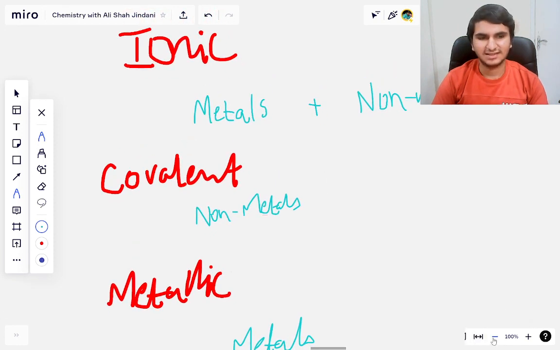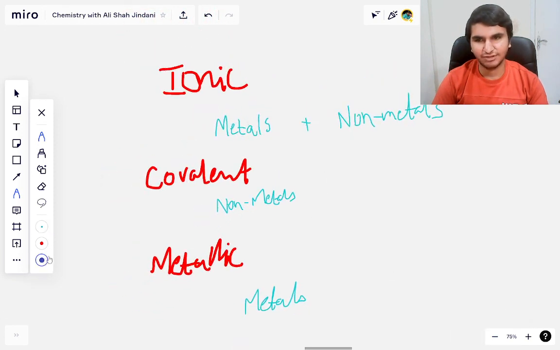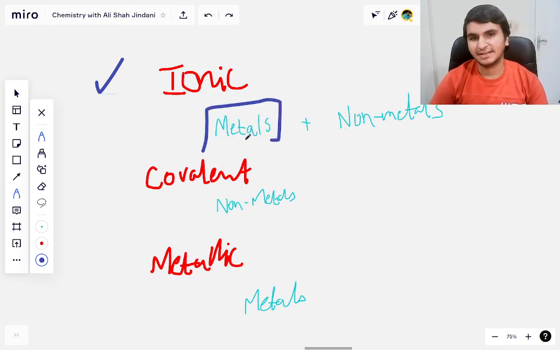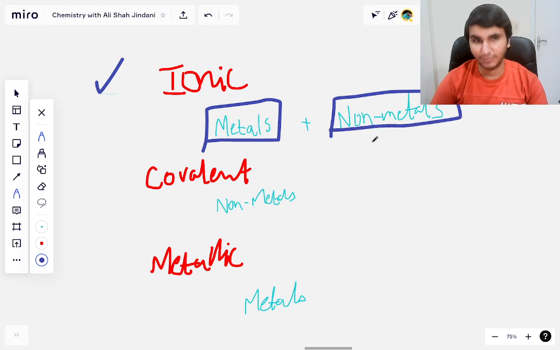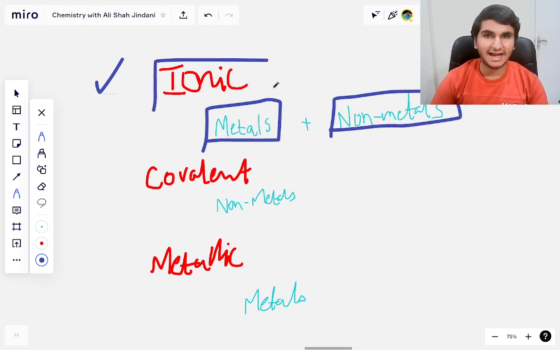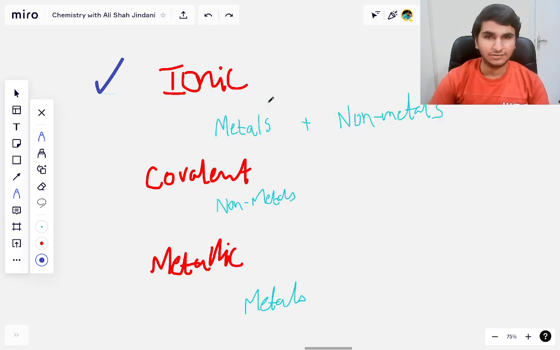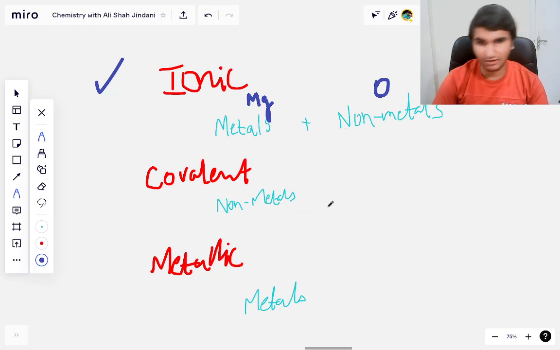So this is the very basic idea that you should have. If you have a metal in the periodic table, which we discussed in the previous class, it can form a bond with a non-metal via ionic bonding, right? Some examples: we can have magnesium as a metal and oxygen as a non-metal.